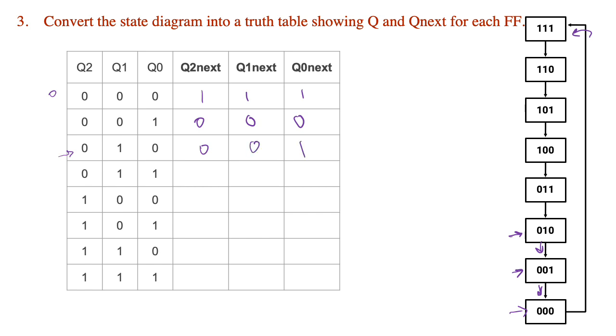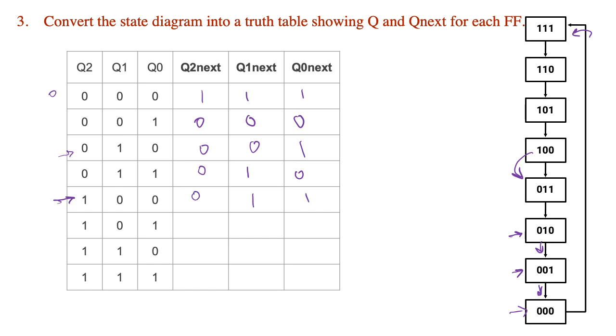If the current state is 3, since this is a decrementing counter, then the next state is supposed to be 2, so we're going to write 2 in binary. Now if the current state is 4, which is the case here, then the next state is supposed to be 3, which is 0, 1, 1.